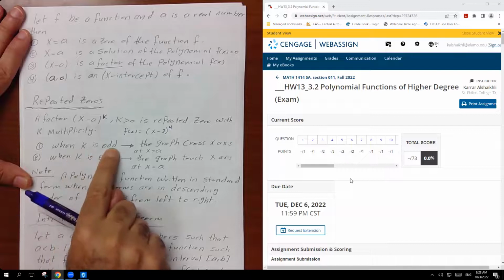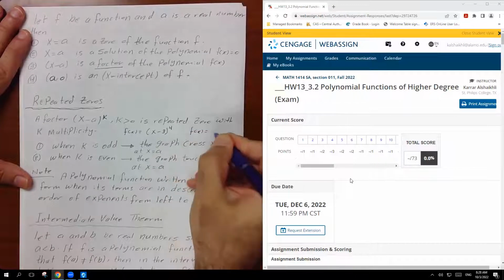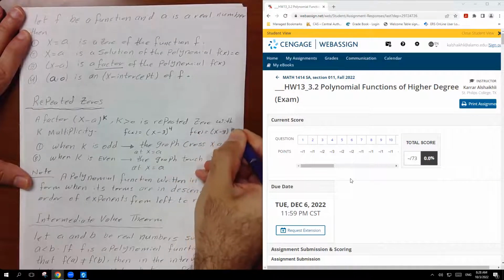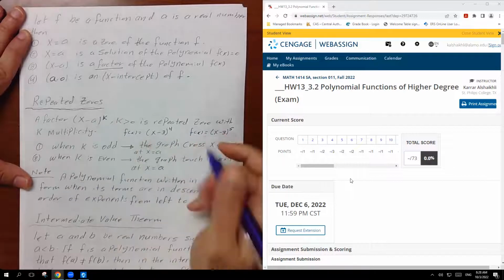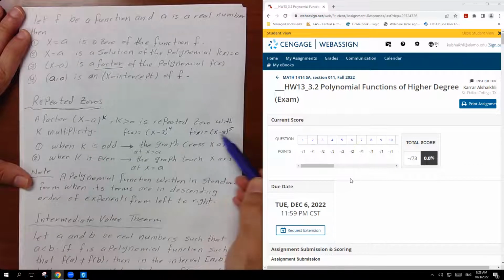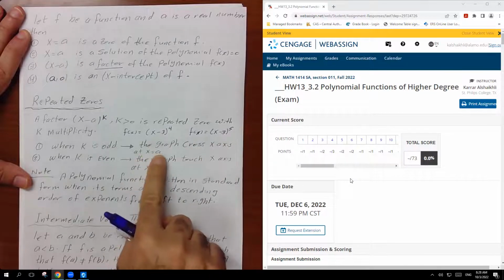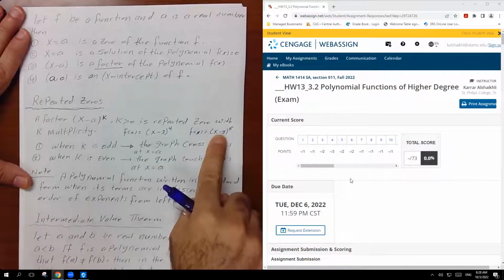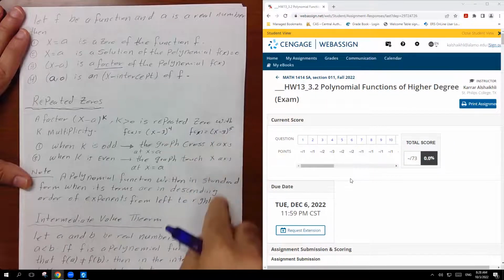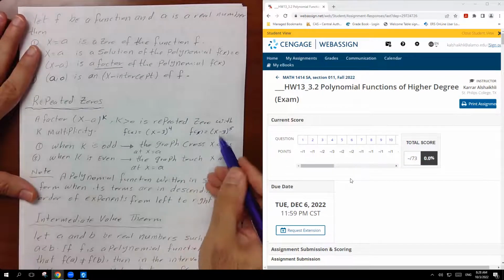So we have 2 notes on the multiplicity. When k is odd, like for this example, f of x equal x minus 3 to the power 5, the graph crosses the x-axis at x equal a. The graph is going to cross the x-axis at this point here.